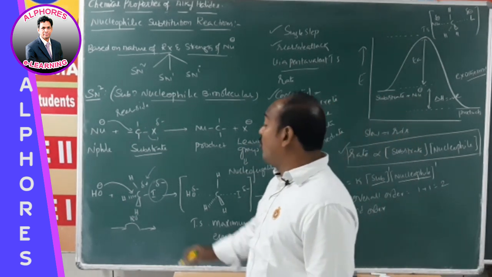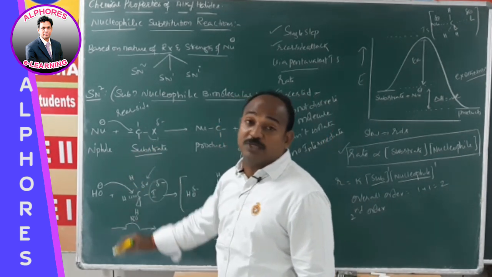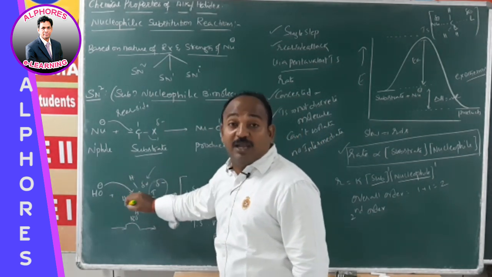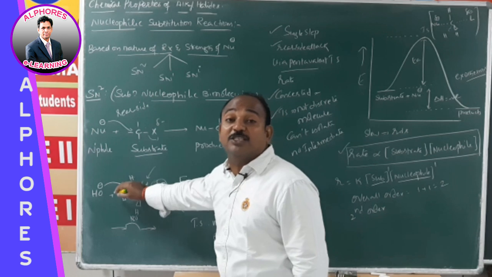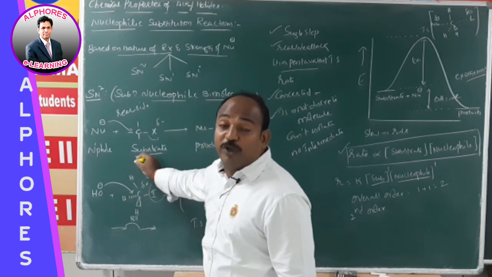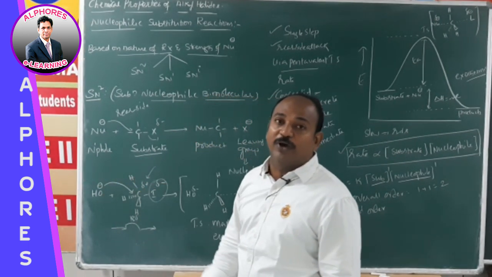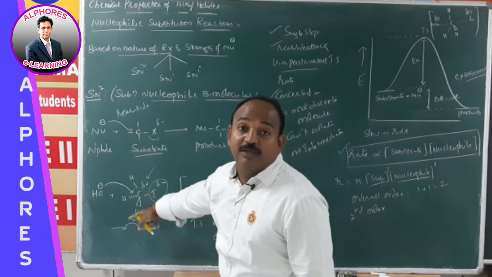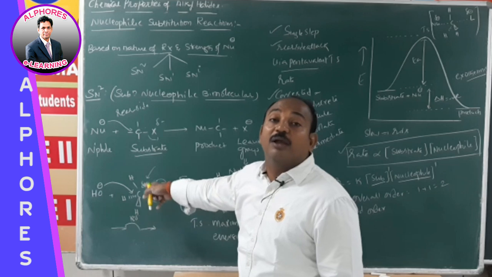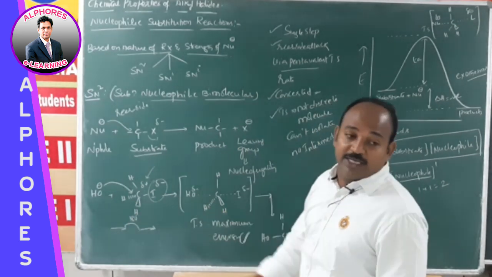If it possesses more crowding, meaning more alkyl groups are there, then what happens? Alkyl groups are basically electron releasing, meaning electron rich species, and if instead of hydrogen you keep alkyl groups, then they oppose the incoming nucleophile, which retards the approach of OH minus towards the electrophilic center. As a result, substitution decreases.